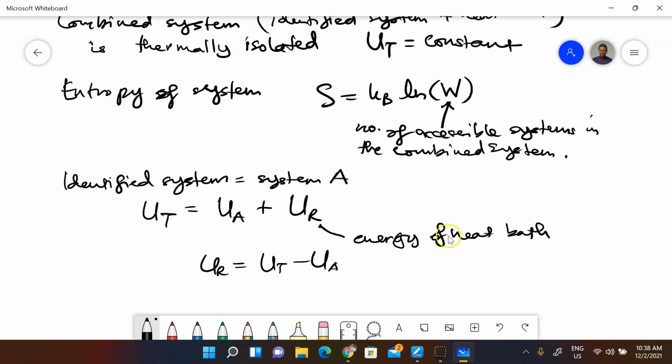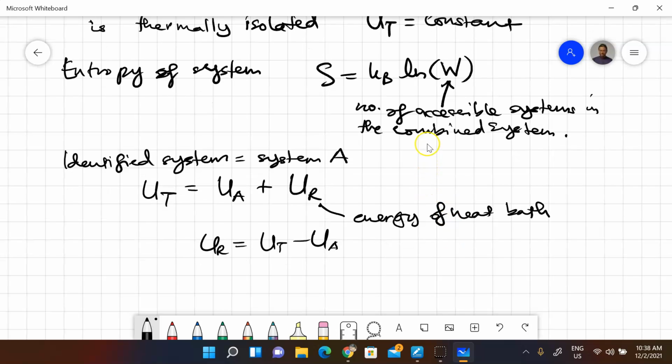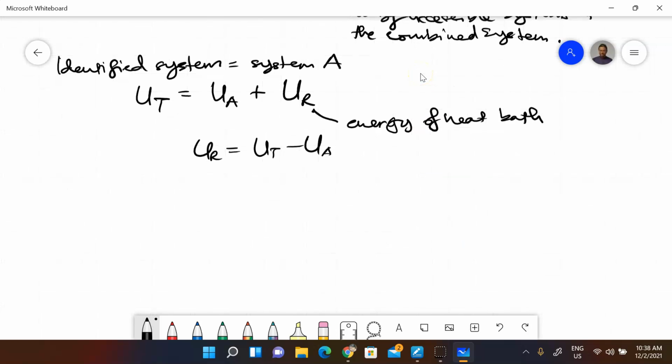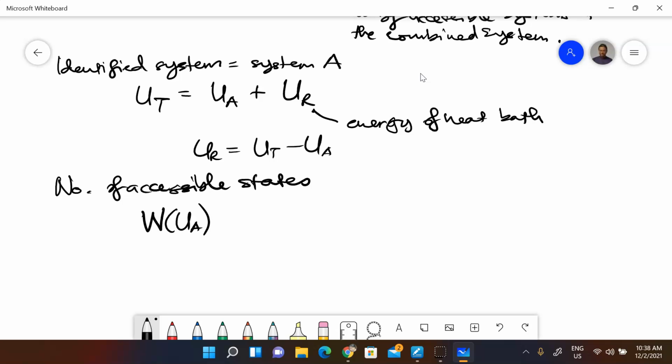So the number of accessible states will be as follows. It's W previously, but now it depends on the energy of this system A. So this is like a variable now.